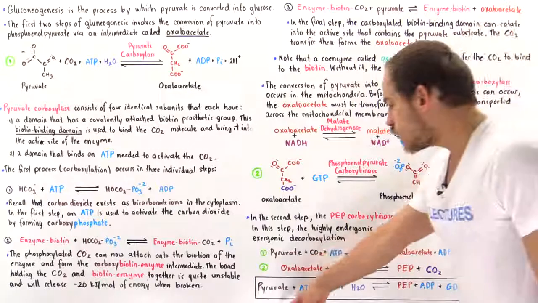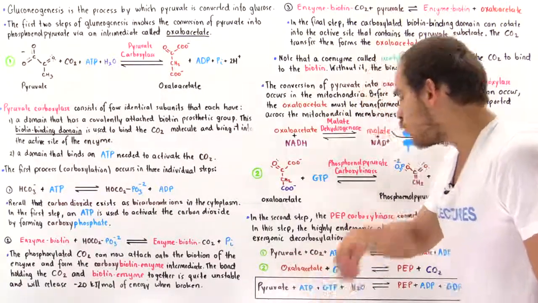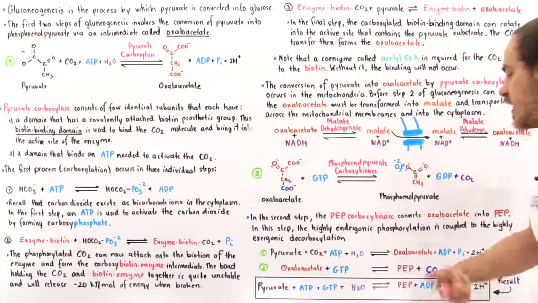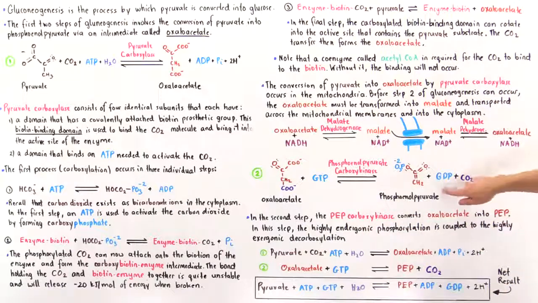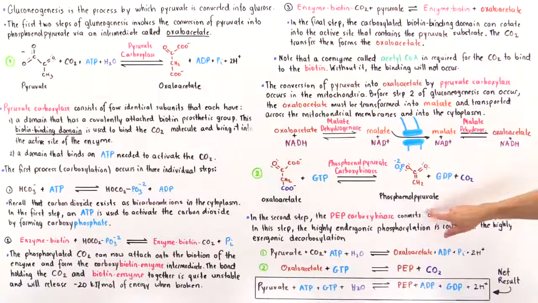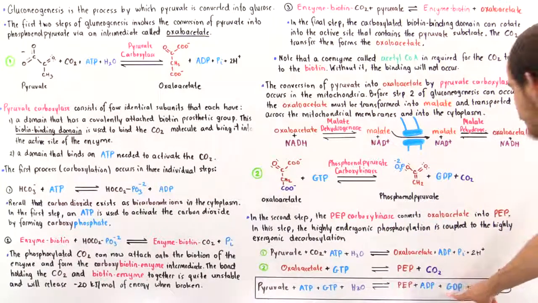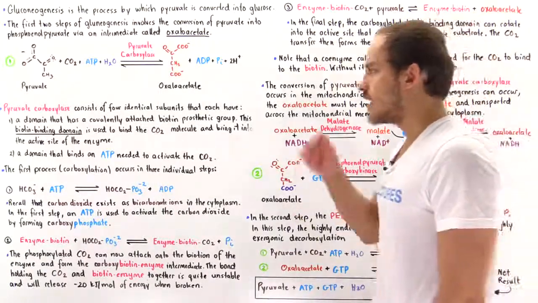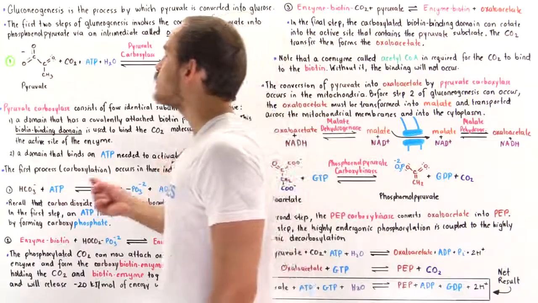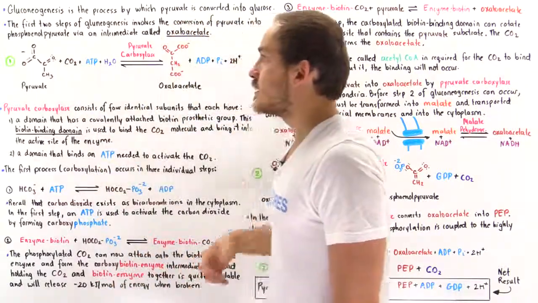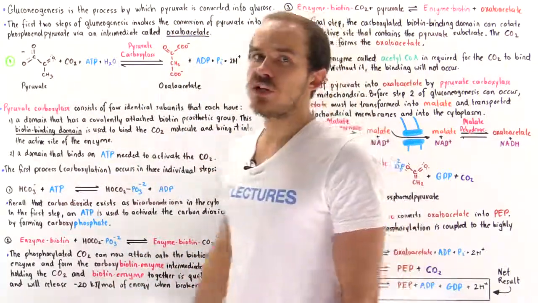So a pyruvate molecule in the presence of one ATP and one GTP and a water molecule forms that PEP, the phosphoenolpyruvate, the ADP, GDP, and the H+ ion. So, these are the first two steps in gluconeogenesis.